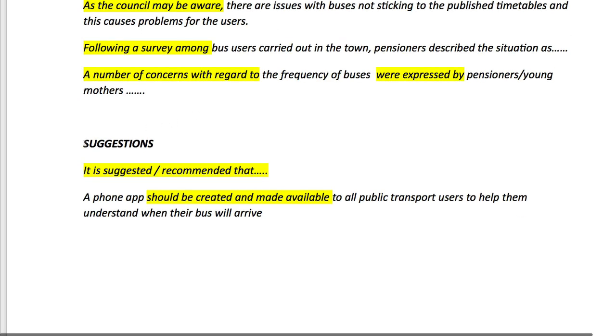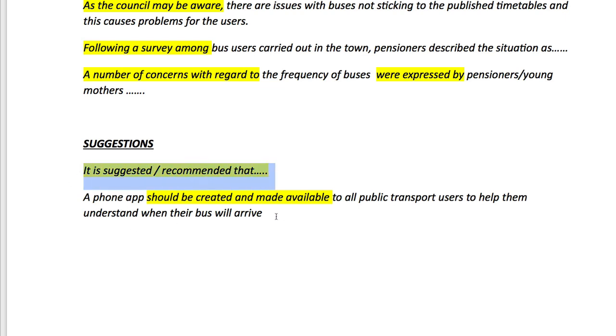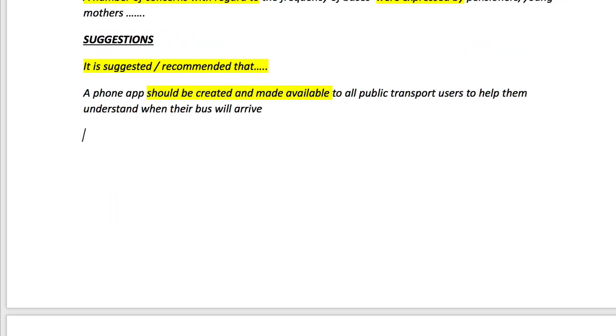Next heading, suggestions. Let's underline that. And again, we've got some nice phrases that you can use all the time. As I said a moment ago, in the proposal you should spend a good deal of your writing about future recommendations, suggestions. So let's add something else here.